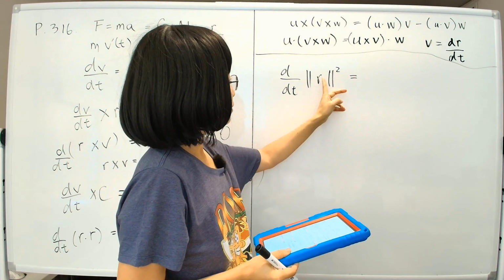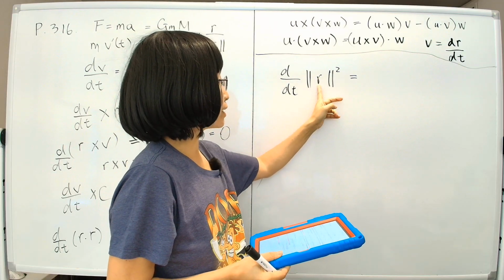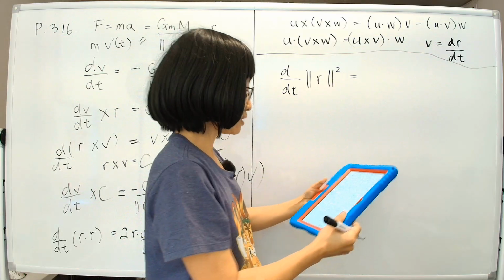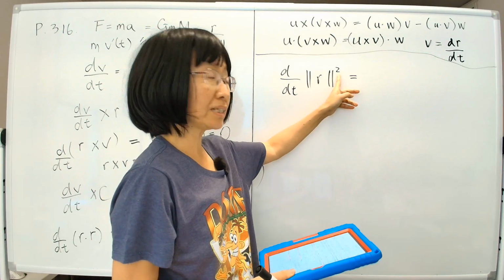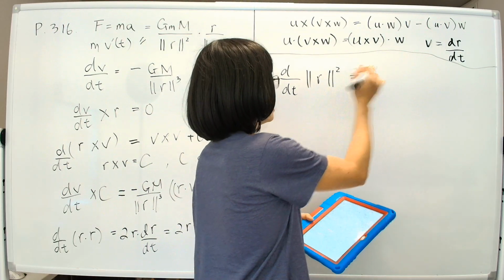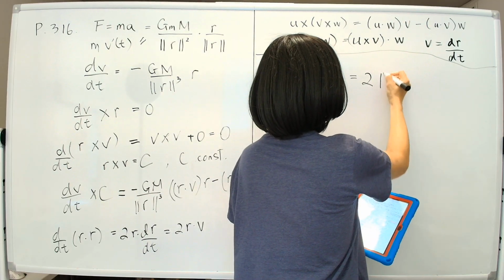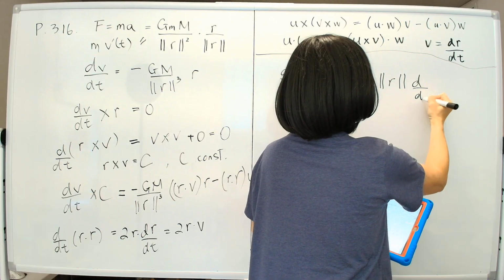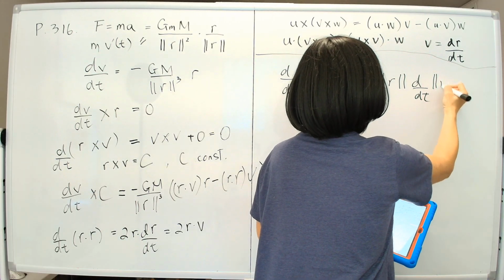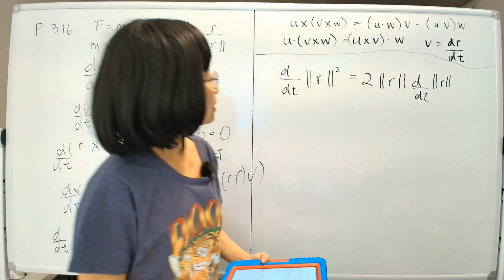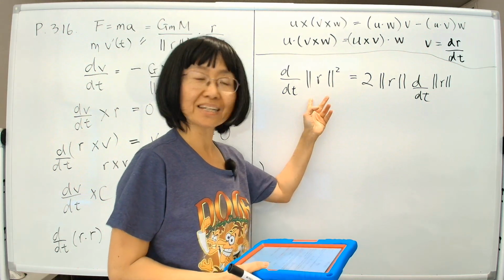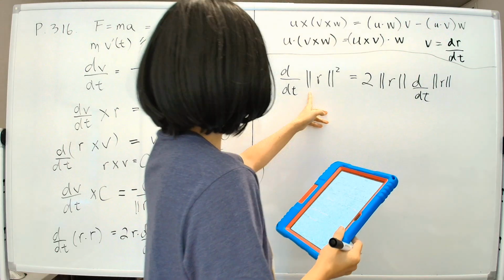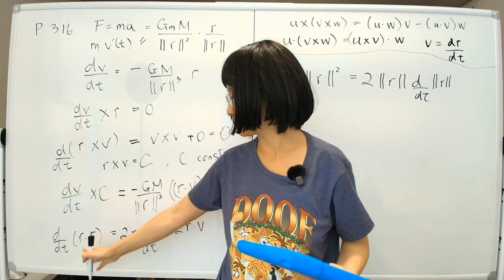The magnitude is a scalar, not a vector, and it's a function of t. So as a function of t, we apply the chain rule, which is 2 times the magnitude of R, times the derivative of the magnitude, d by dt of this thing. I'm just applying a basic chain rule here. So we got that.